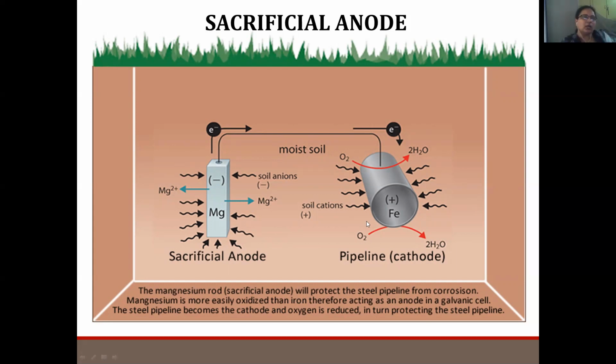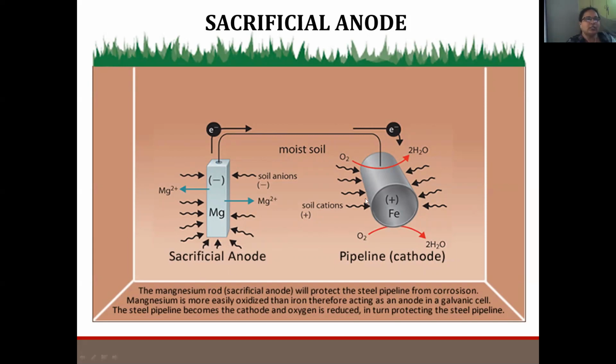As it gets corroded, you can remove it and replace it with another metal more active than iron. This is called sacrificial anodic protection because magnesium is behaving as a sacrificial anode. It is sacrificing itself for iron, and that is why it is called a sacrificial anode.